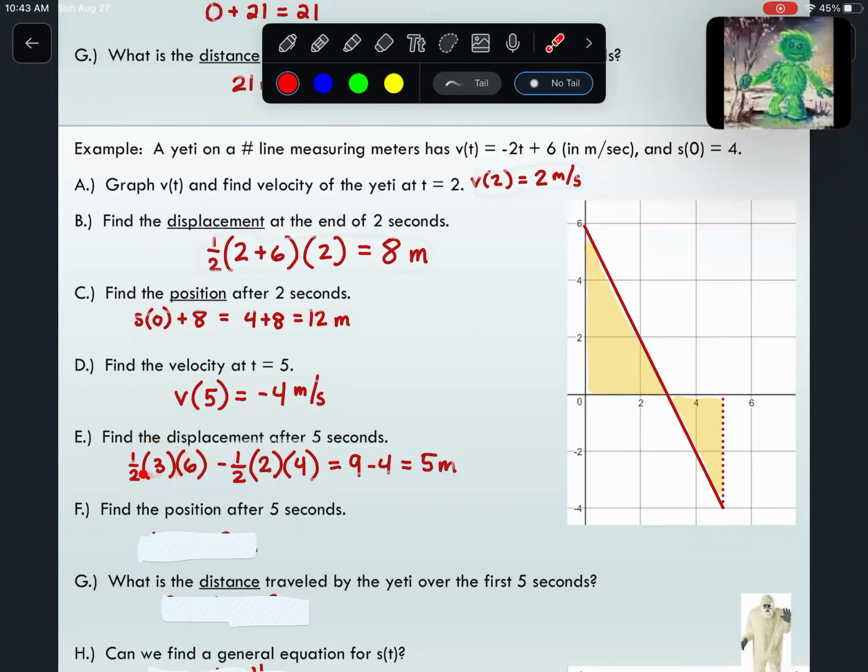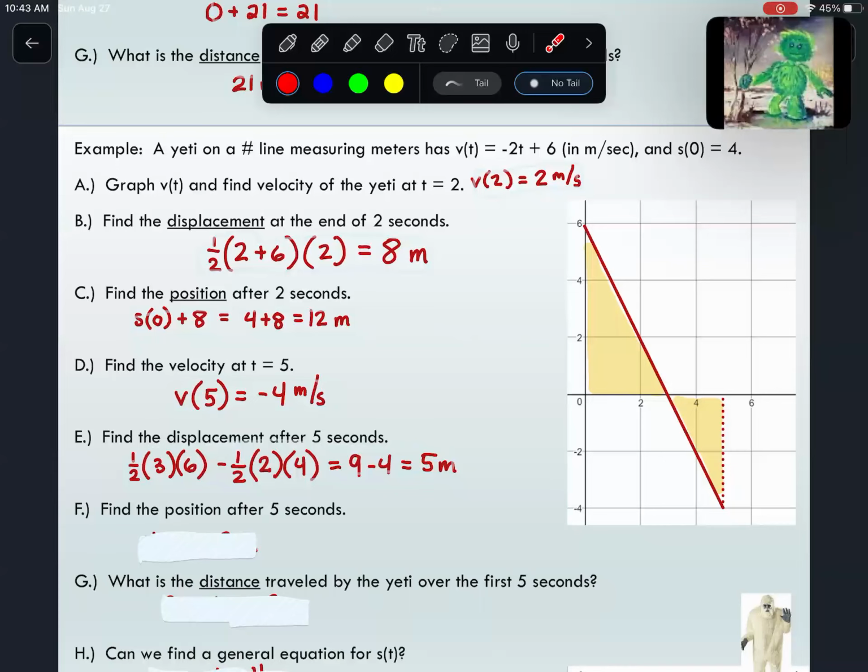Here's the area of the first, area of the second, but notice now I'm subtracting. This is a little different than area in geometry, where, of course, all areas were positive. But if we dip below the horizontal axis, any shapes that we have down there, any shading, any area that we're trying to find registers as opposite, which makes sense because we know that at t equals 3, the velocity went negative, indicating a change in direction.